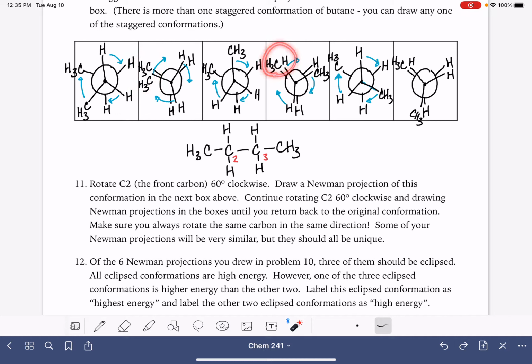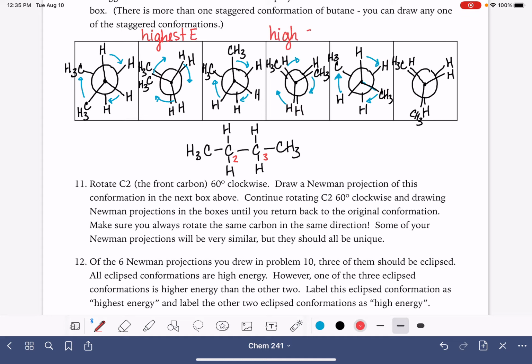In the other eclipsed conformations, our methyls are eclipsing hydrogens, so it's not quite as bad. This one right here is the highest energy. I'm going to label that highest energy. Out of all these conformations, it's the worst.